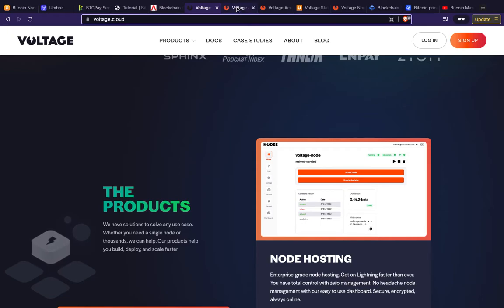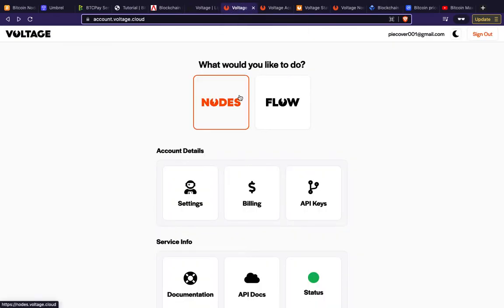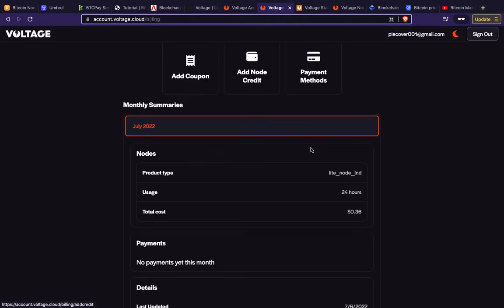And over here you can choose if you want to go to your node, and you have billing, which is your account. You can add new credit. You can send Bitcoin on the Bitcoin network or Lightning network to add some credit to your account.